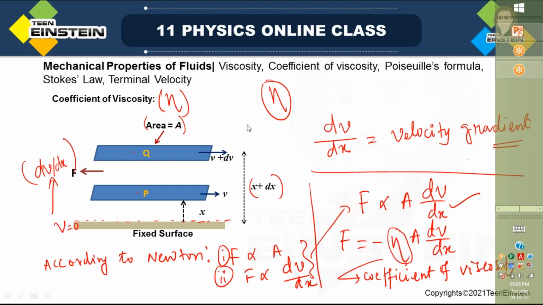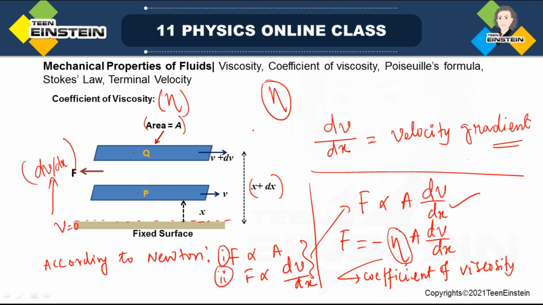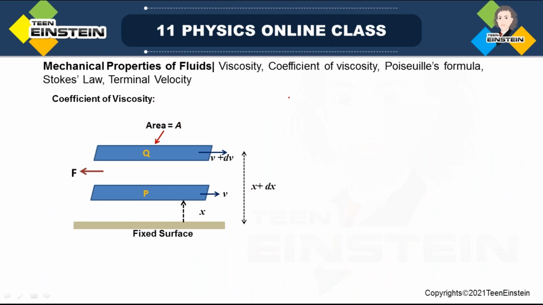Now see, we have got F is equal to minus eta A dv/dx. Let us take the modulus and not bother about the minus here, because we are just going to define what eta, the coefficient of viscosity, is.